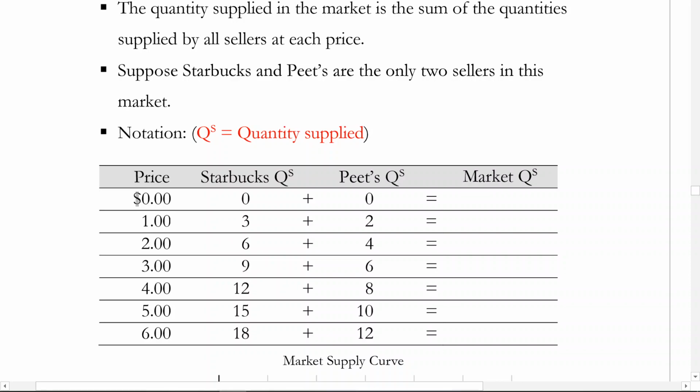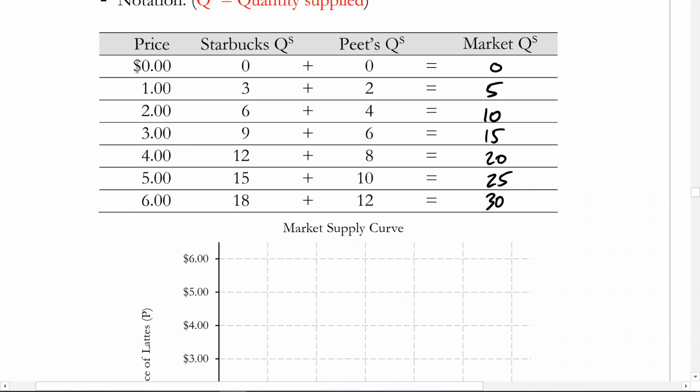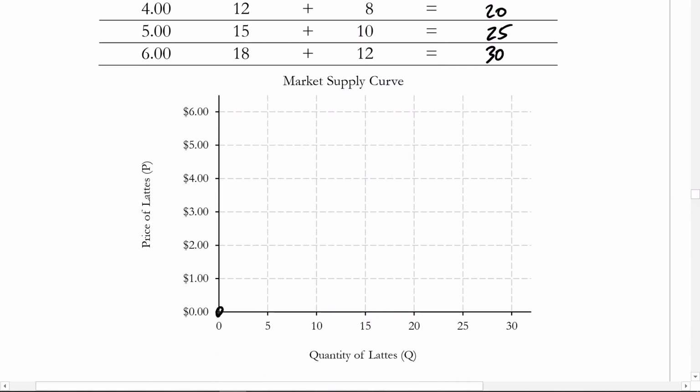In reality, we have loads of coffee shops, and we just aggregate at each price. We add up the quantities. Here it's going up by 5s, 25, 30, and we can just plot that as well, and that's going to finish up at the top for the market supply curve. Okay, upward sloping. As the price increases, the quantity increases, all else equal. That behaves according to the law of supply.